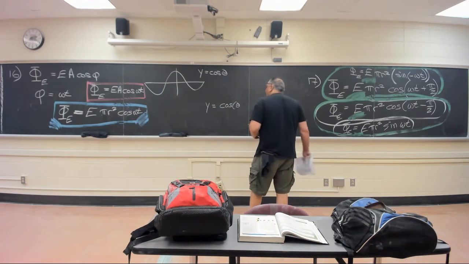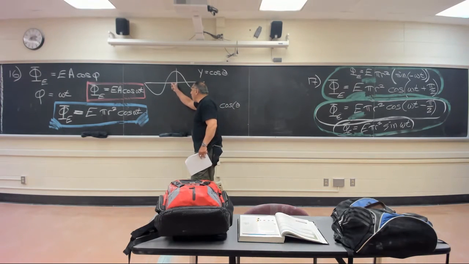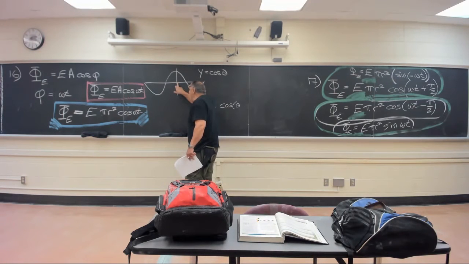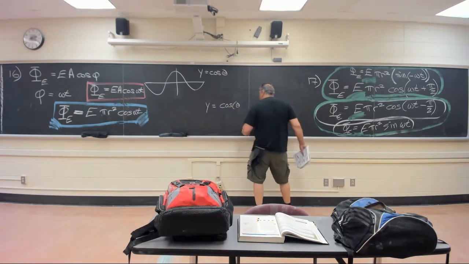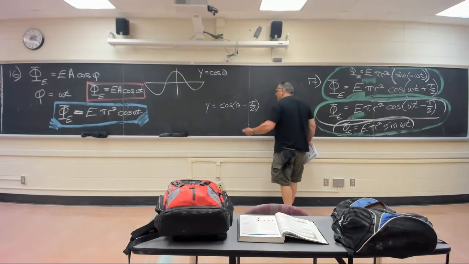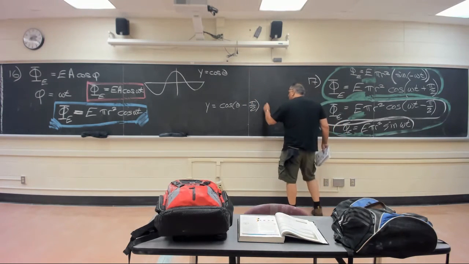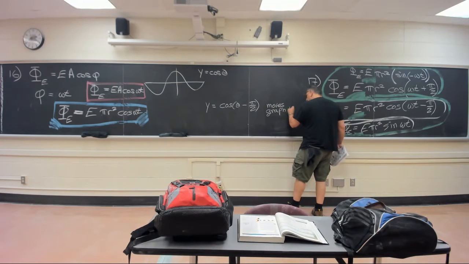So at this particular point, at 0, I want to see happening what was happening at negative pi over 2. Why don't you take theta minus pi over 2, and that moves it, the minus pi over 2 moves the graph to the right.